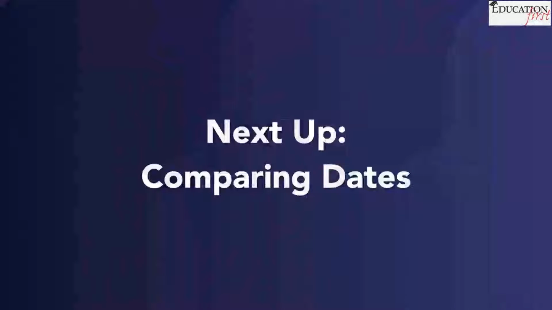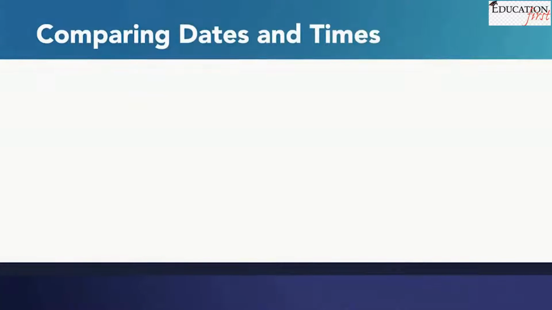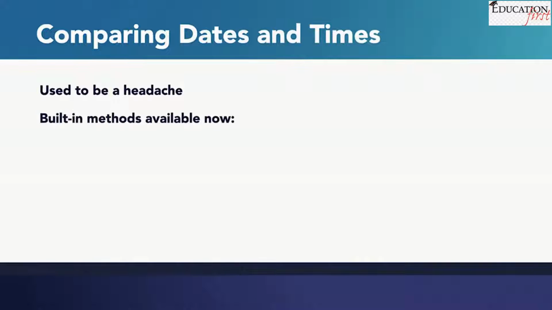In the next video, have a look at comparing dates. Did I tell you how happy we should be with this Java time package and how hard life was before Java 8? I probably did, so let me not repeat that point, but just show you how elegantly we can compare two dates in Java. There are some very useful methods available.